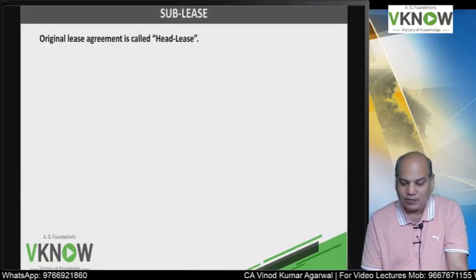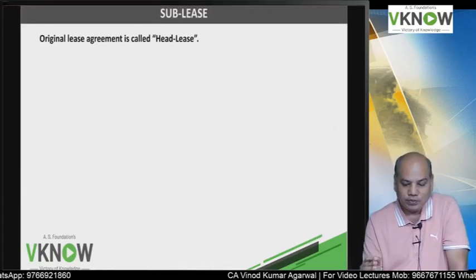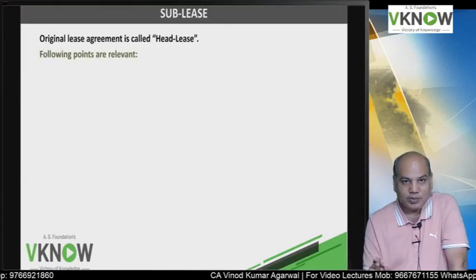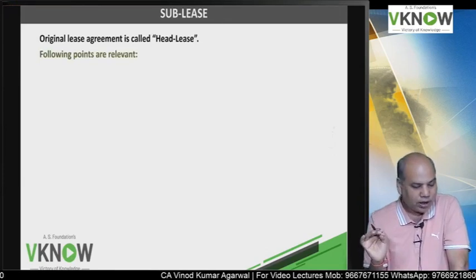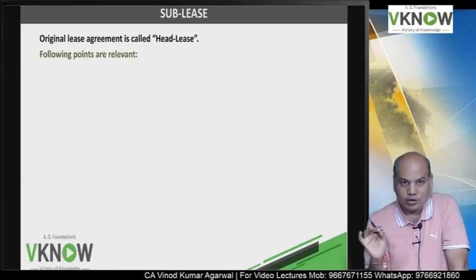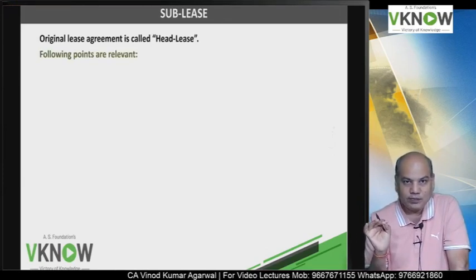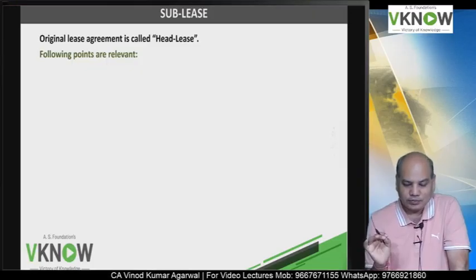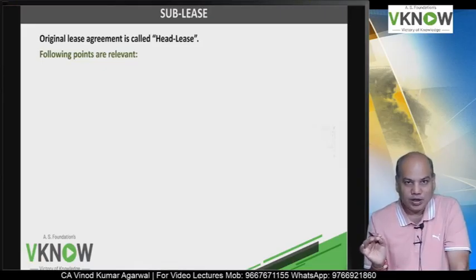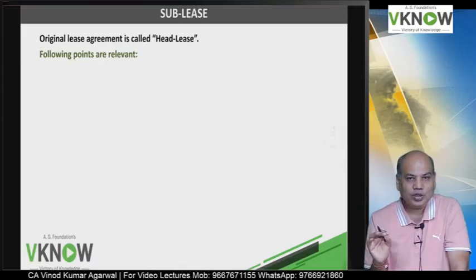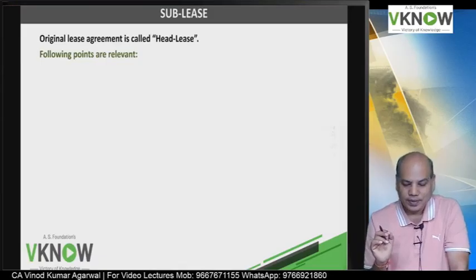So entries can vary depending upon the type of agreement in the head lease and in the sub lease. I have written all the points in your book. Listen to me very carefully. Our topic is sub-lease. How the entry will be passed by the intermediate lessee who is also a lessor.